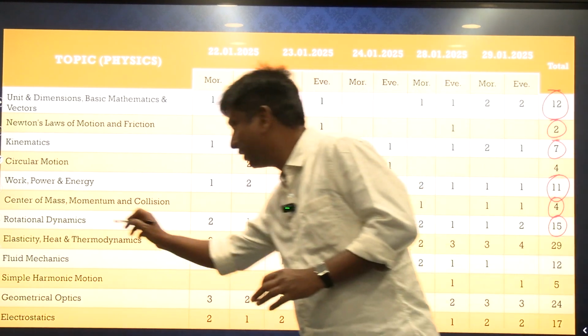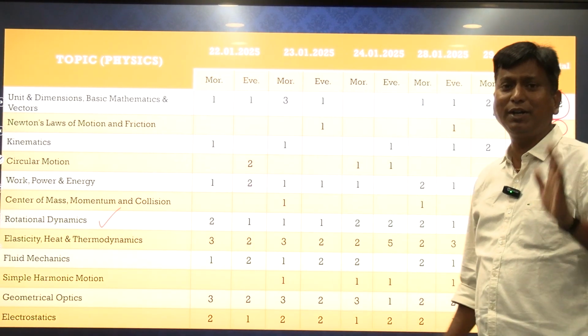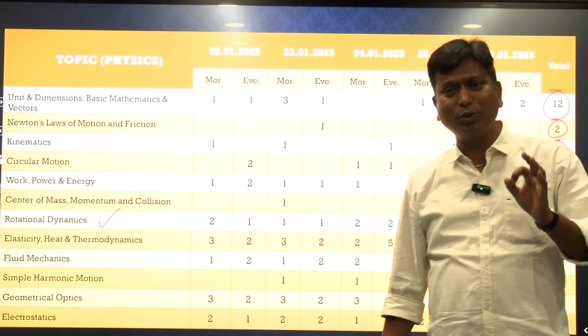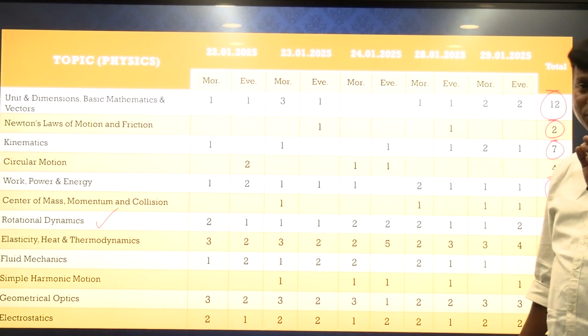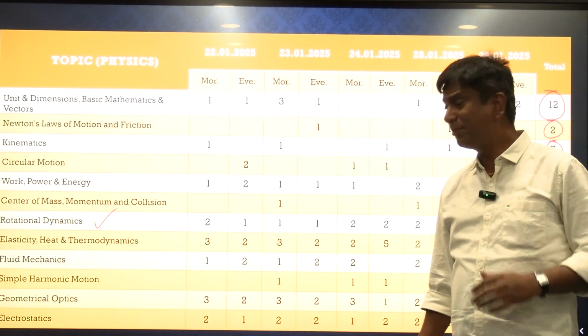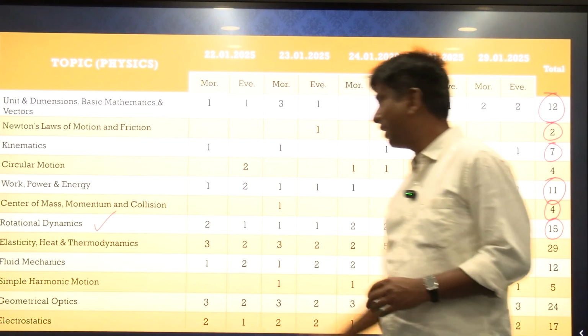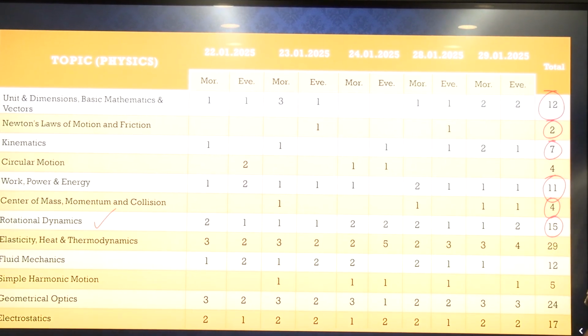Especially at the JEE Mains level, moment of inertia is very important in rotational dynamics, if you go through it properly, especially the usage of the parallel axis theorem and perpendicular axis theorem. So altogether you got 15 questions.